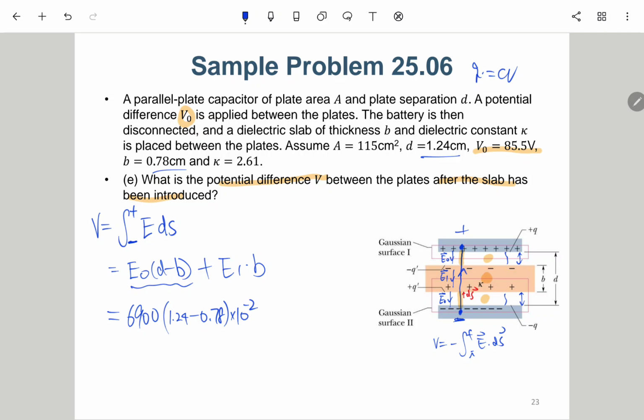And then plus E1, which is 2640, times 0.78 centimeter, which is 0.0078.